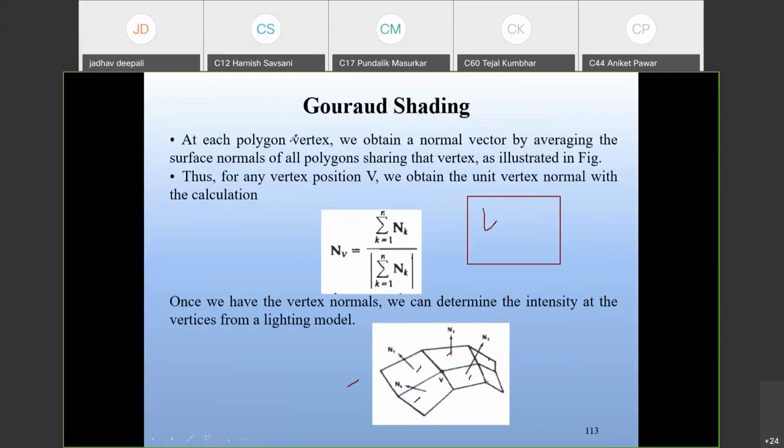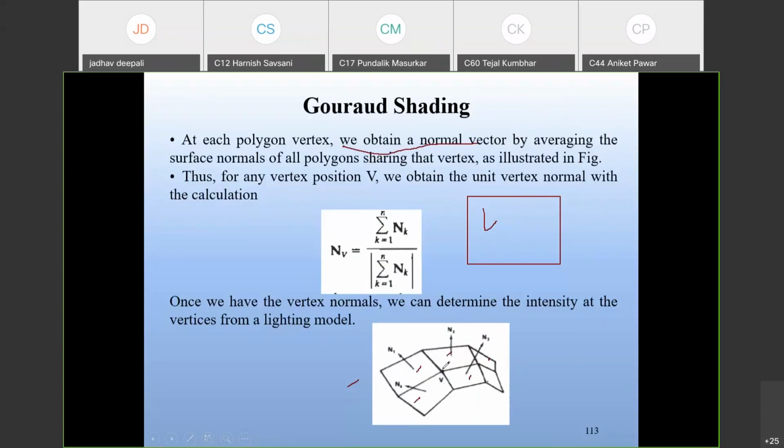So at each polygon vertex, we obtain a normal vector by averaging the surface normals of all polygons sharing that vertex. So at this vertex, for example, V is the vertex. This vertex is shared by these four polygons, correct? N1, N2, N3, and N4. This vertex V is shared by these four polygons.